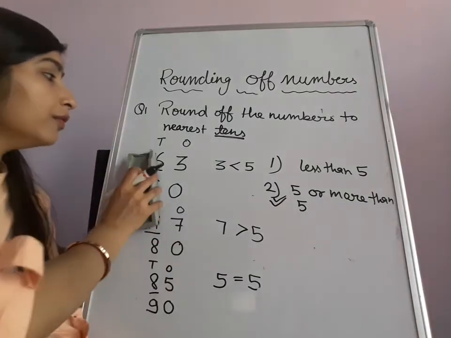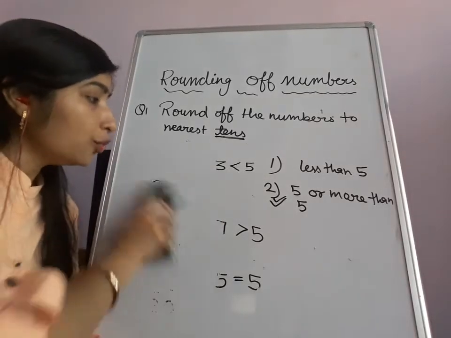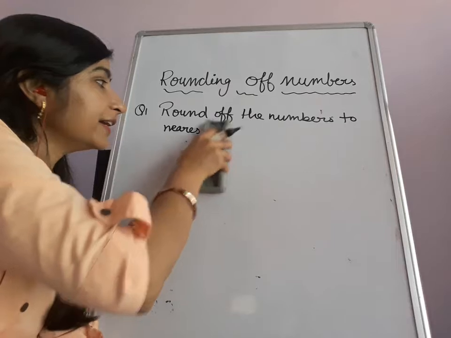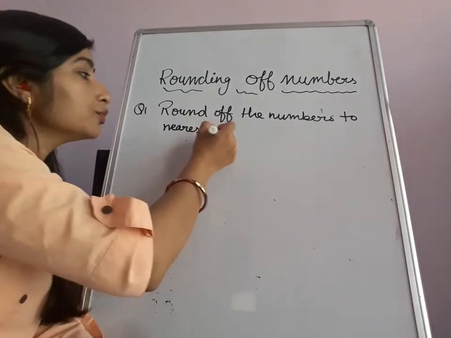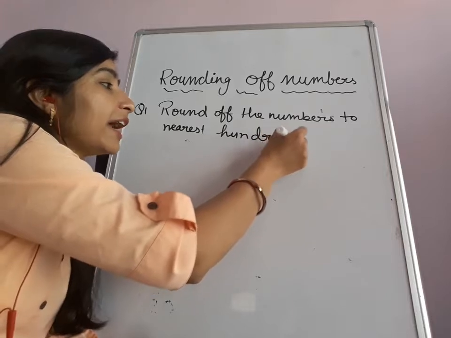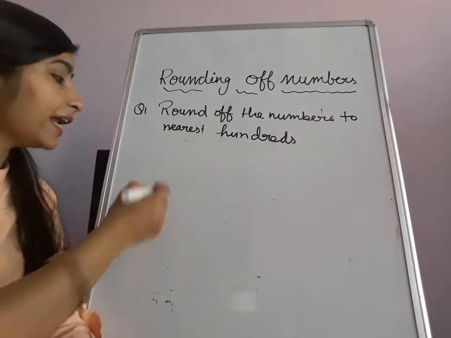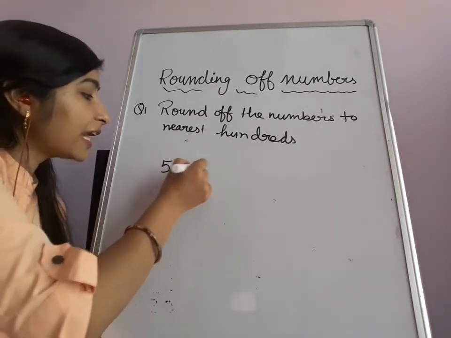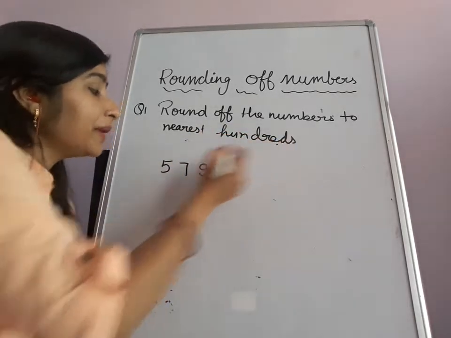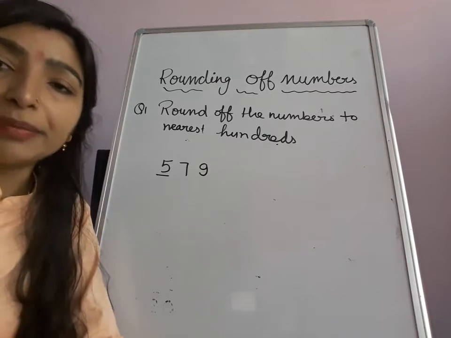Now we will go to the nearest 100 place. Round off the numbers to the nearest 100. The same condition we have to follow. Like I have taken 579. For the 100 place, I have to underline the 100 place.